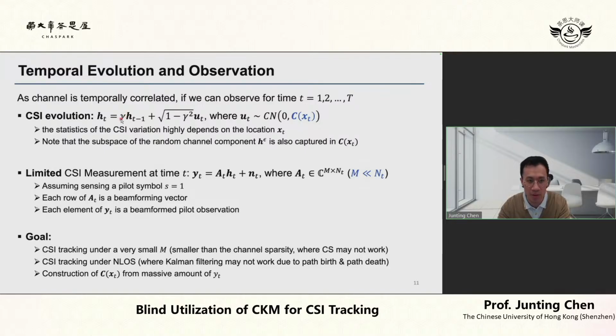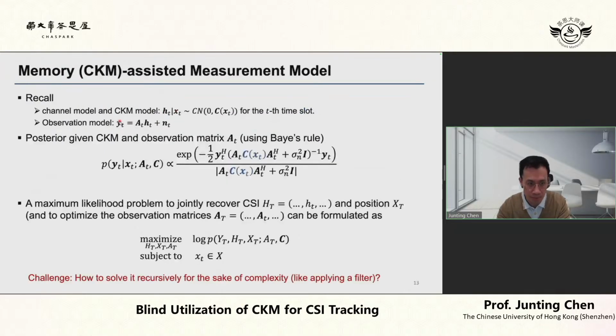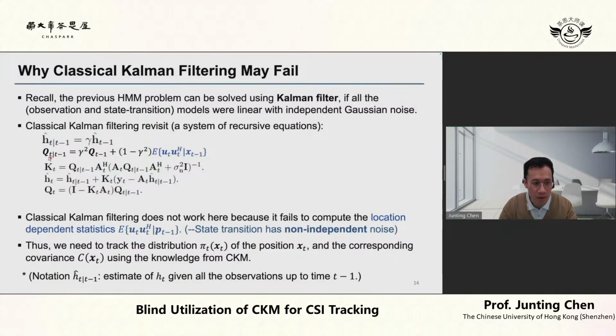We have a gamma to describe the temporal correlation of the channel. And then we'll also update a so-called covariance matrix of the channel estimation error. So we'll come to that point later. But in a nutshell, this is a matrix that characterizes how good our current estimation is based on the observation up to t-1. And then based on the observation at t-1, the covariance matrix will be the covariance matrix at time t-1 plus some disturbance, right?